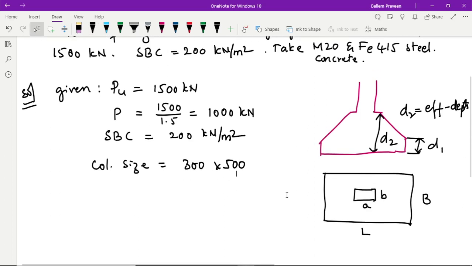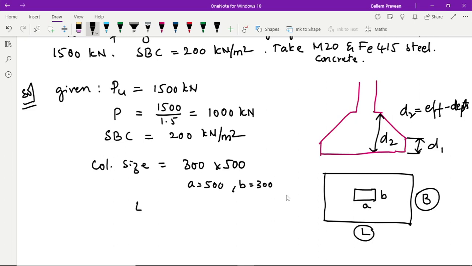So I will consider the longer side A. A is 500 and B is 300, right? For a footing you need to provide an L by B ratio, so L should be longer and B should be shorter.